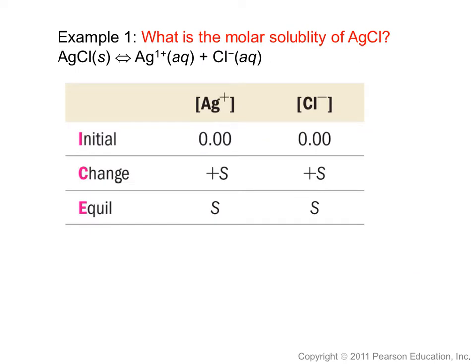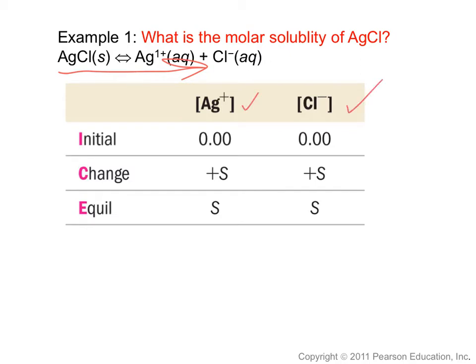So what do we do? We use the ICE table, right? Here's the ICE table. You can use x or you can use s here. But what happens is as we move in this direction, we get some Ag+ and we get the same amount of Cl-.